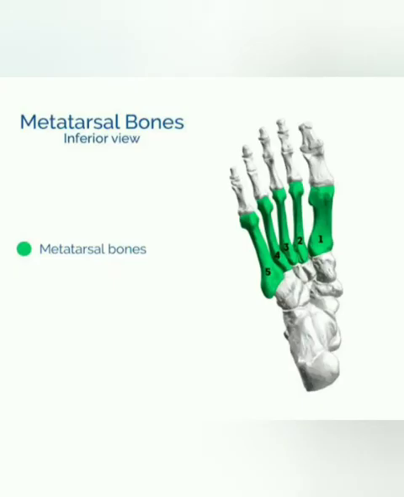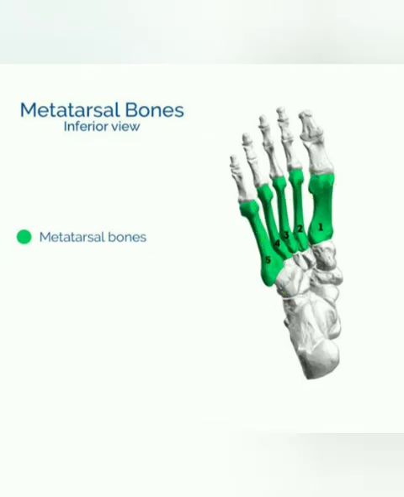Next is metatarsal bone. So there are 5 metatarsal bones, 1, 2, 3, 4 and 5. And they are long bones with a shaft and 2 extremities. So in this picture you can see that the first metatarsal is thick and short, whereas the second metatarsal is the longest.